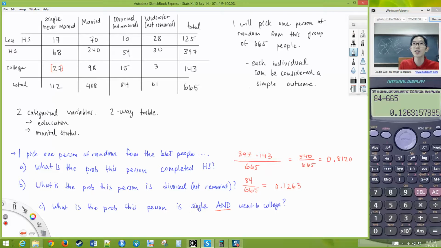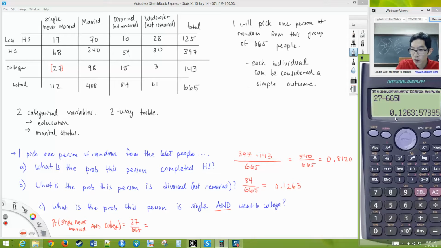So, all right, let me define this. Okay, so we'll say probability of single, never married, and went to college will be 27 divided by 665, and we get 0.0406.